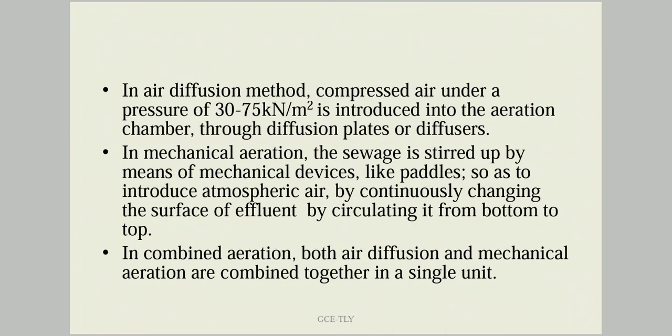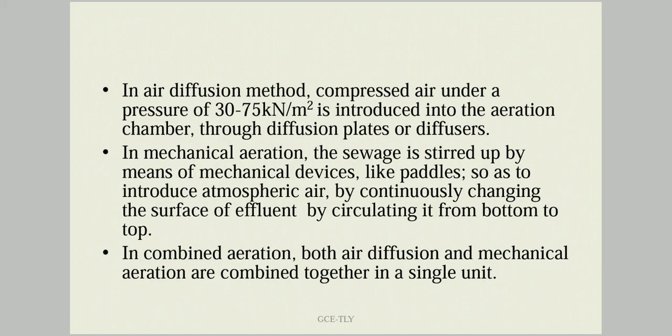In the air diffusion method, we pass compressed air under a pressure of about 35 to 75 kilonewton per meter square. So we are introducing this compressed air under pressure into the aeration chamber. This passes through diffusion plates or diffusers. In mechanical aeration, the effluent is stirred by means of mechanical devices like paddles.